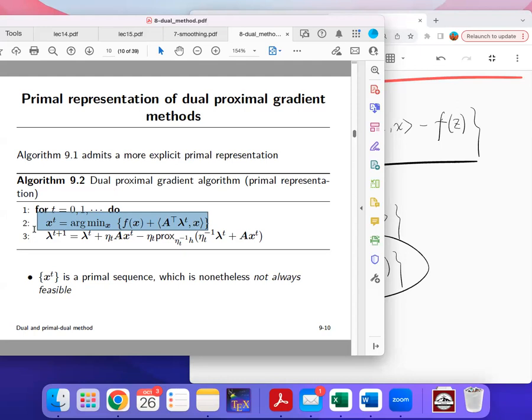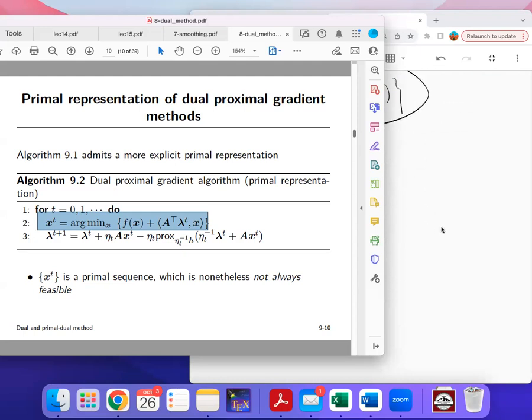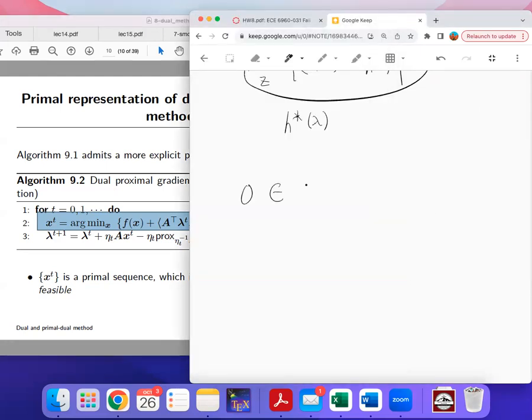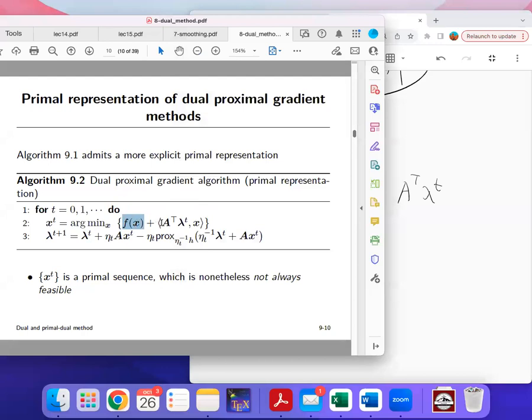So by the optimality condition, we can claim that 0 belongs to the subdifferential of the right-hand side, which is the subdifferential of f(x) plus A transpose lambda t. Basically, you take the gradient and set it to 0.